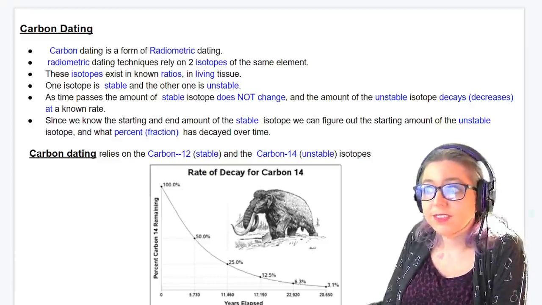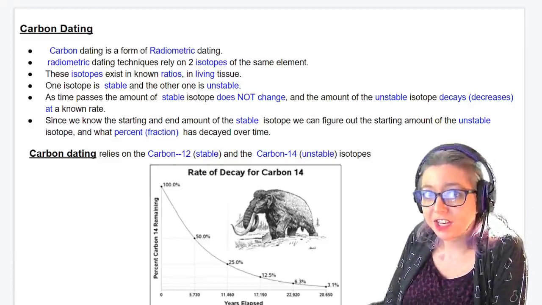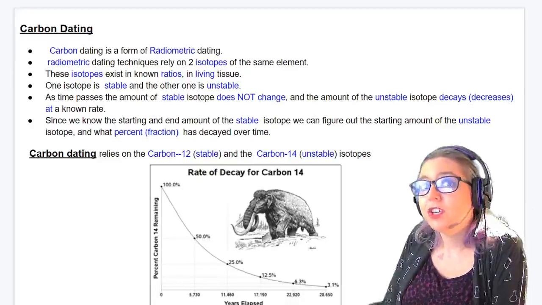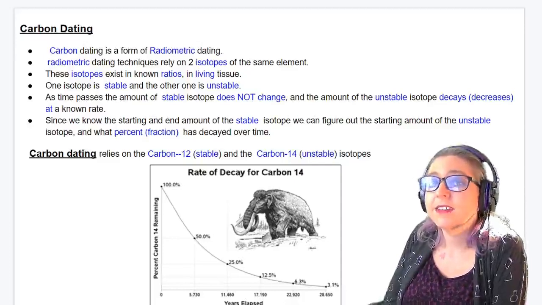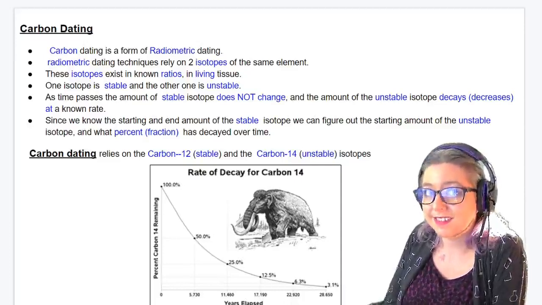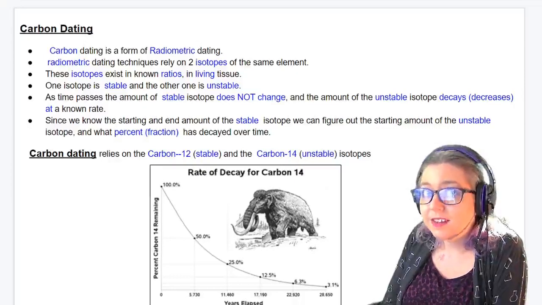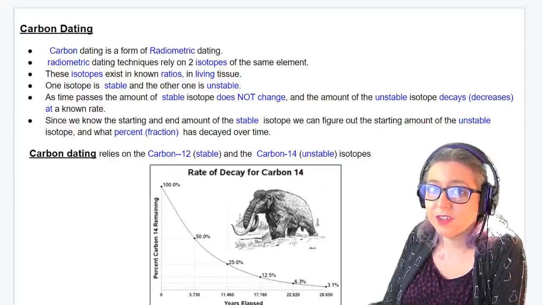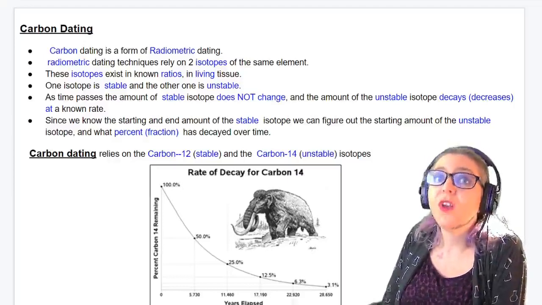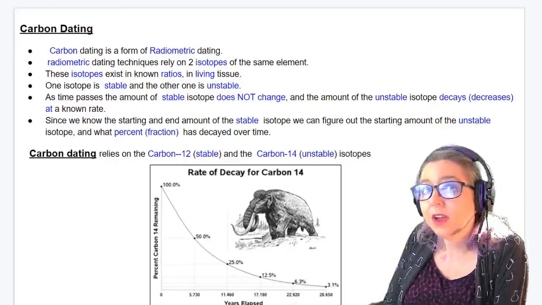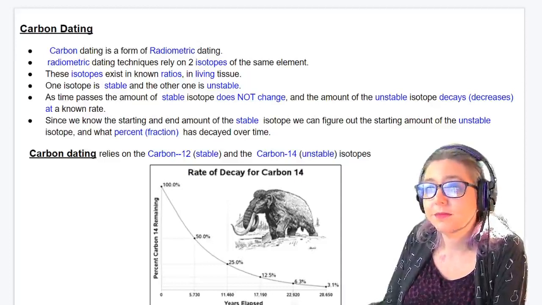So the stable one does not change. However much of that isotope something has at the time that it dies does not change. It is consistent. But the unstable isotope will decay over time. And for anything that we're going to use for radiometric dating, we know the half-life. We know how long it takes it to decay.